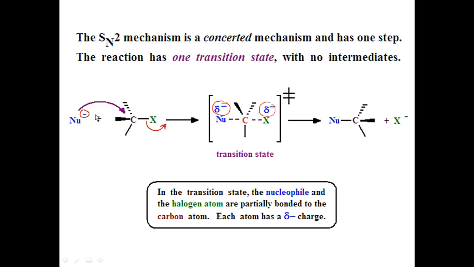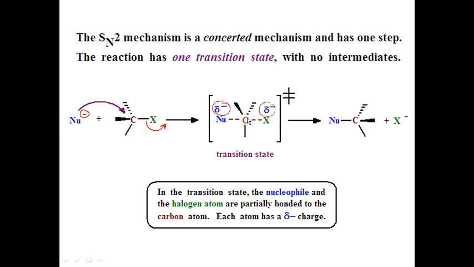And what's known from this mechanism is since the nucleophile attacks the carbon down the C-X bond, this transition state is actually trigonal bipyramidal, with the nucleophile and the halogen being what we would call the axial positions of the trigonal bipyramidal geometry, and then the three groups that were attached to the carbon occupy what we would call the equatorial positions.